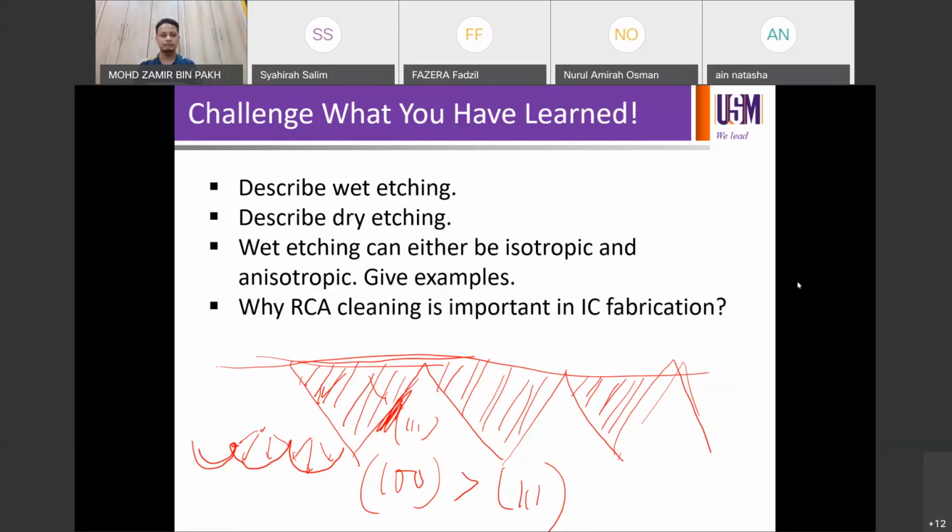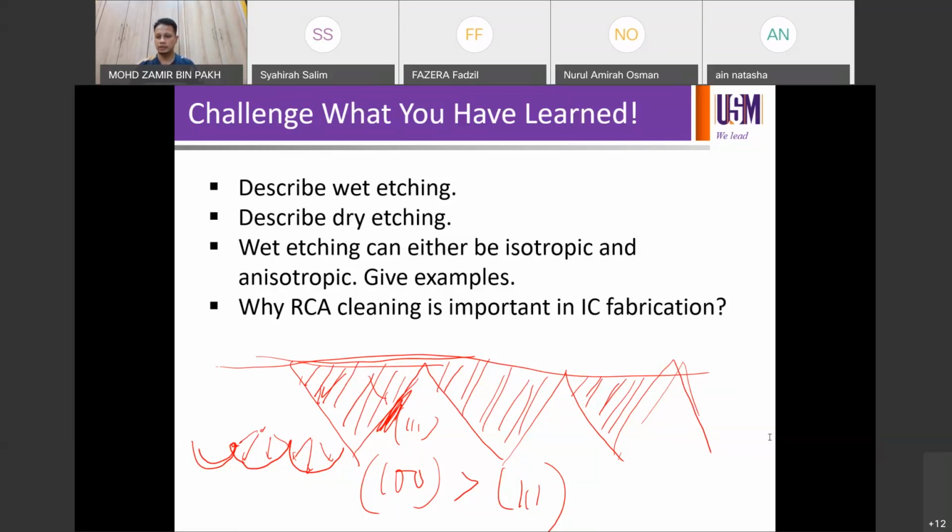So, right. Why is it important then? If you can continue, or if you can't, then some other students. Why is it important? What are we doing during RCA that is so important? Anyone?